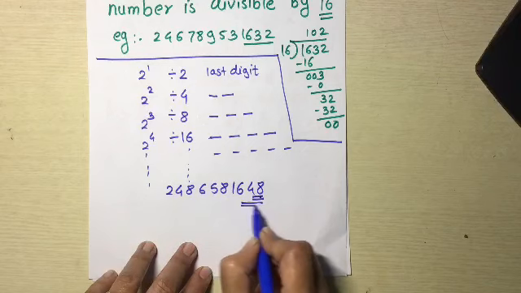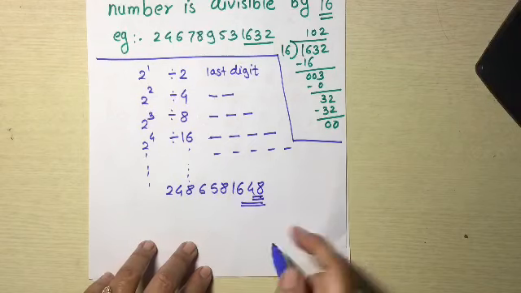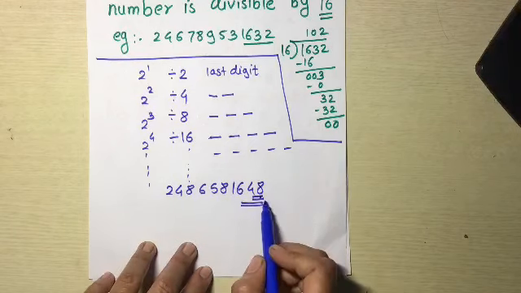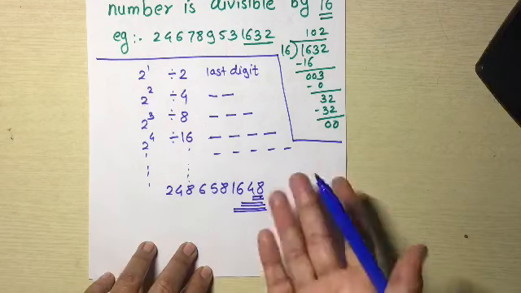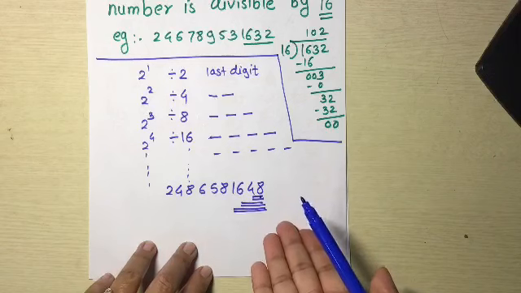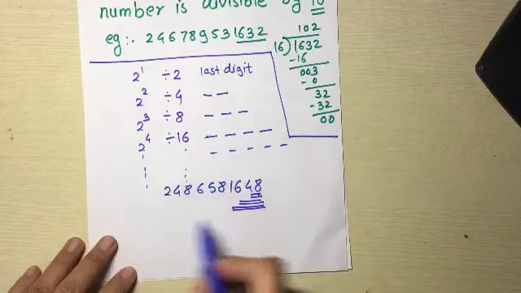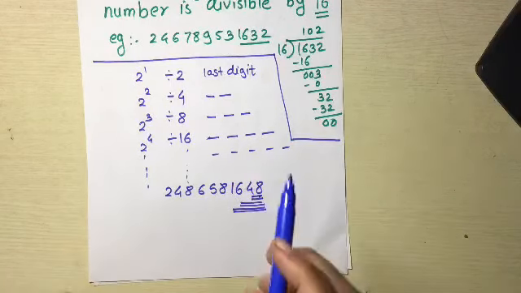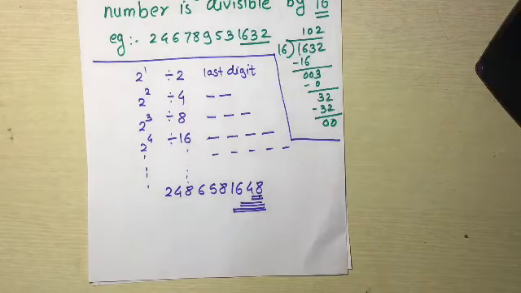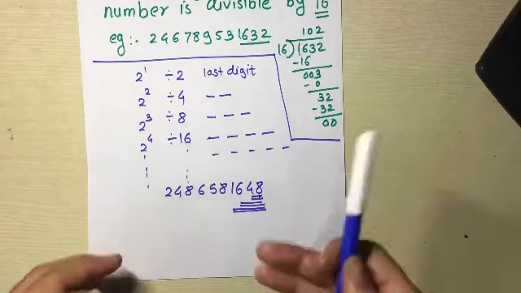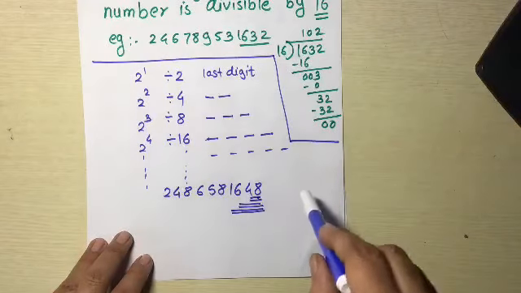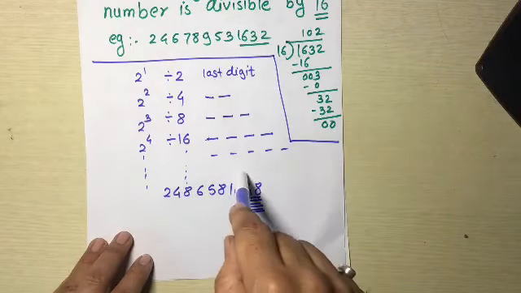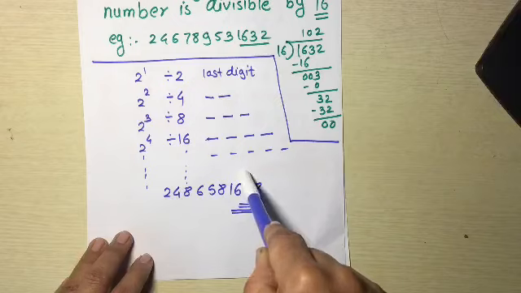So last 3 digits 6, 4, 8, so it is divisible by 8. And last 4 digits, so you can say that it is divisible by 16 also. So if a bigger number is given, at that time these divisibility tests are helpful. Or while solving HCF, LCM, we will use that also. So for that also all these divisibility tests are important.